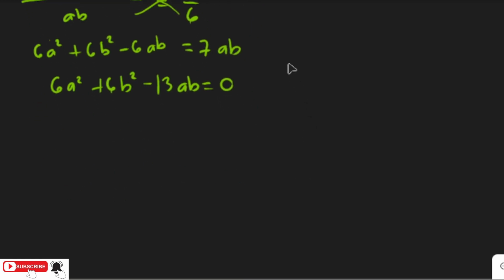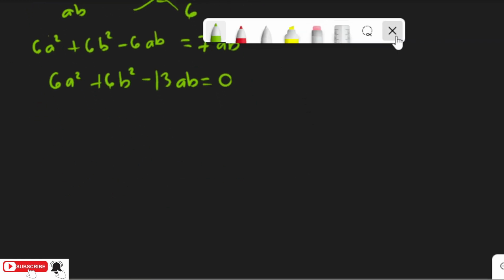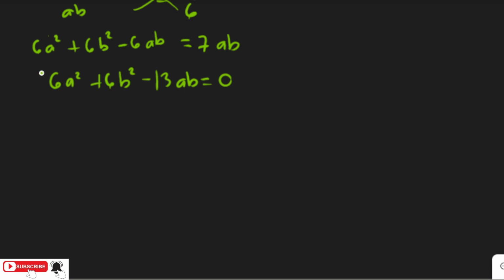So we can factor this equation. This can be factored as (2a minus 3b) times (3a minus 2b) is equal to 0.